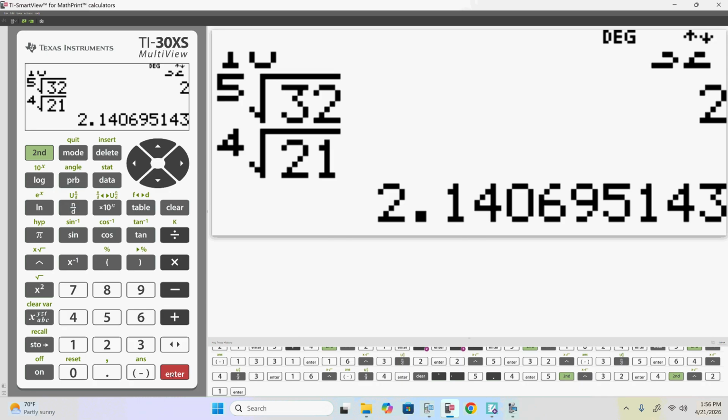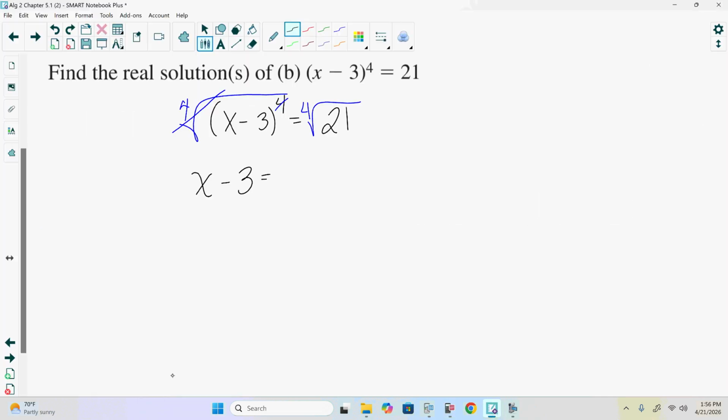It's irrational. It's a non-repeating, non-terminating decimal. It does not simplify nicely. So we'll leave it as the fourth root of 21. There's no reason to approximate these decimals until the very end, until we finish solving.